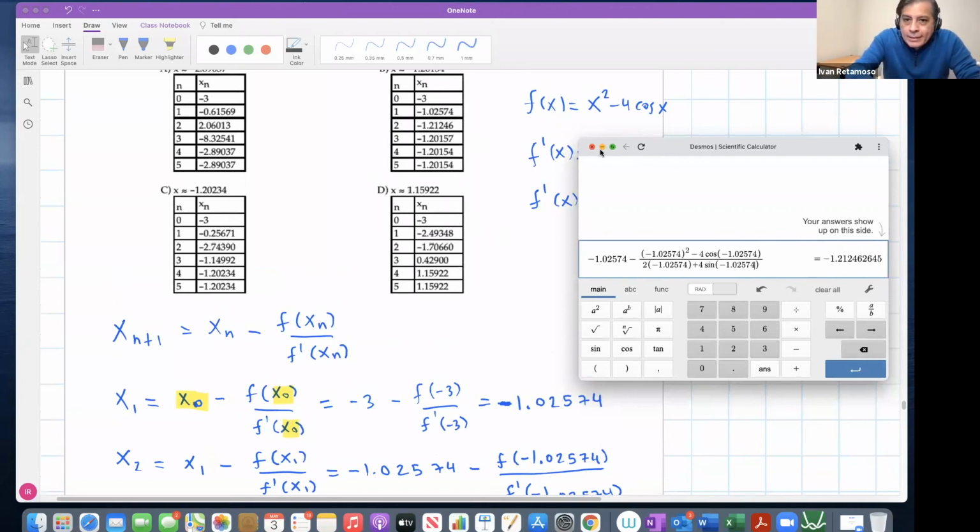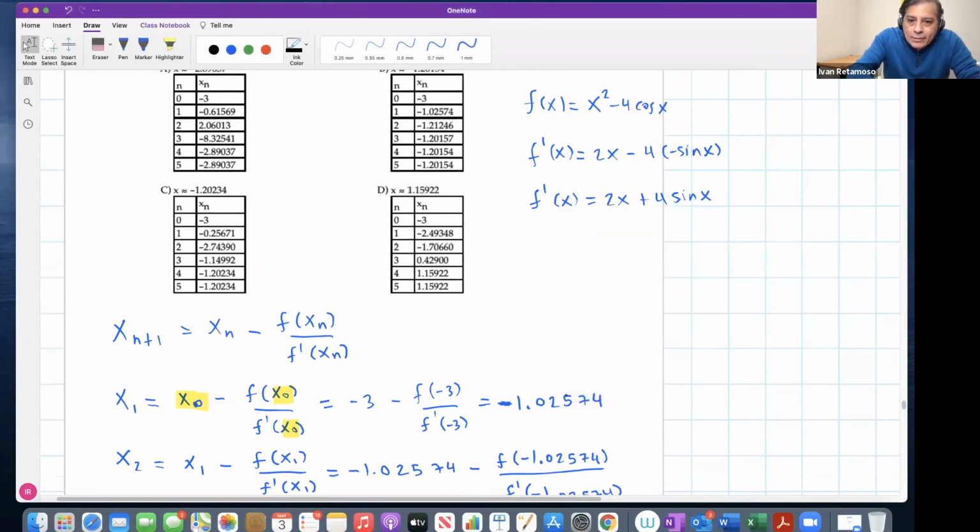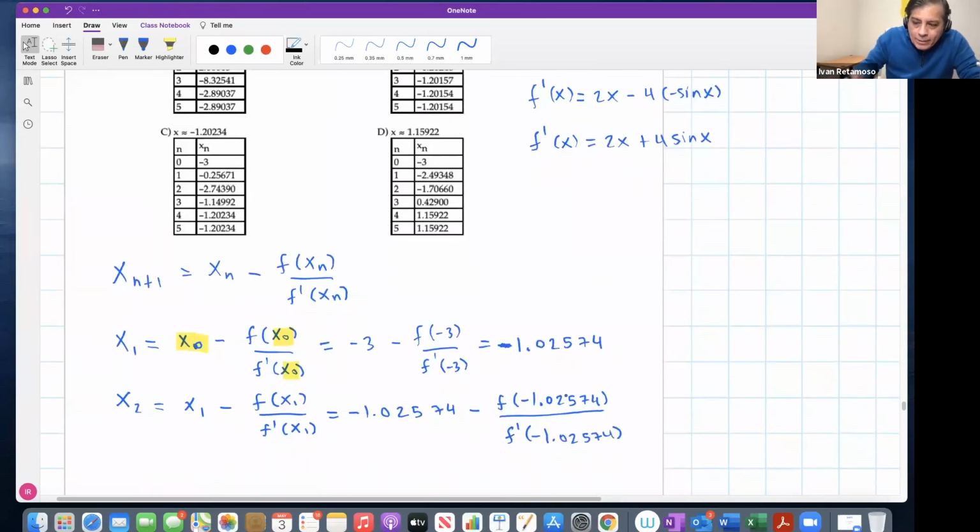You see it, guys? So you're not going to have to go through the whole table in the exam. I think one question on the exam is going to be based on Newton's method. But what I'm trying to say is that you don't have to go through the whole 5 computations. 2 or 3 would be enough, or even 1, as you can see right here, only one table had the first computation. So this was the second, x2.